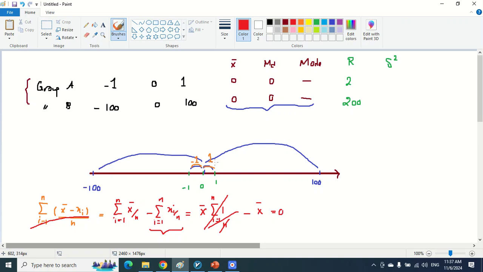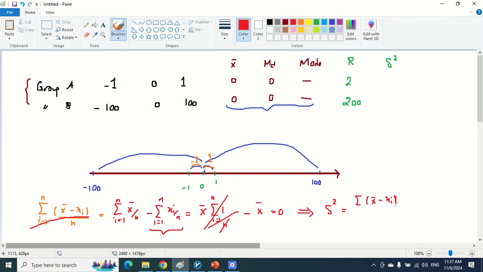To avoid this problem, we just square the value, which means that instead of writing that one, we can calculate s squared, or the standard deviation, as follows. Instead of writing that one, we write x bar minus xi. Again, we have this deviation value, but to avoid this problem, we square it.